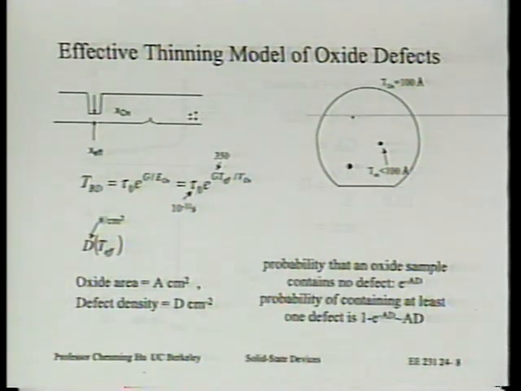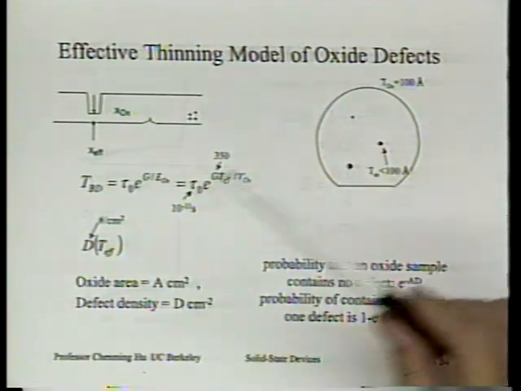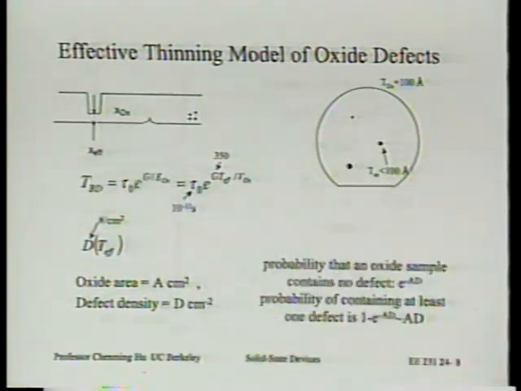It's a phenomenological model which does not depend on detailed knowledge of the microscopic nature of the defects. So we say defect can be of many different natures. For example, you may indeed have some oxide that is thinner, right? Such as, for example, a defect at the edge of the field isolation. It's possible. Truly it's thinner, right? If thinner, then that's fine.